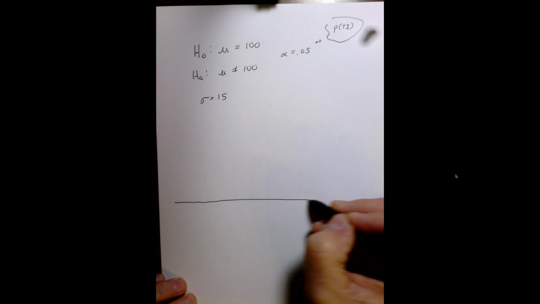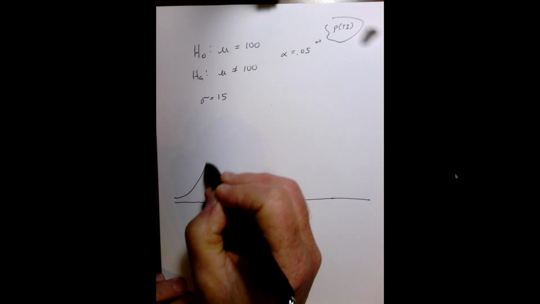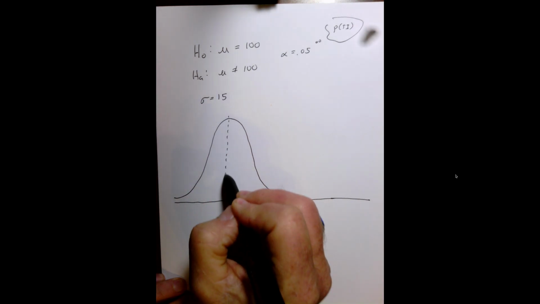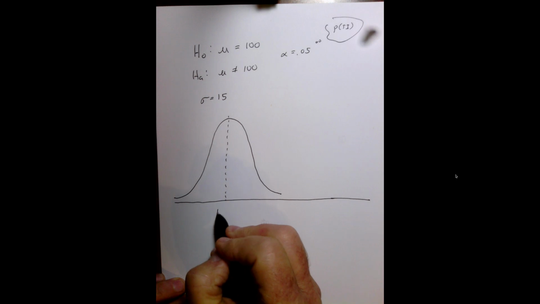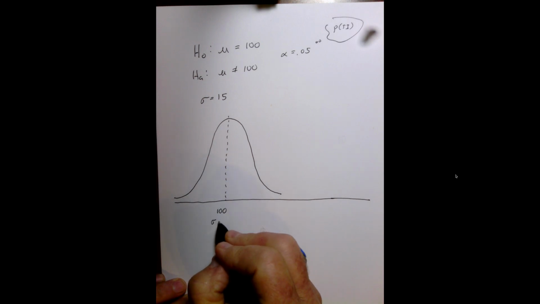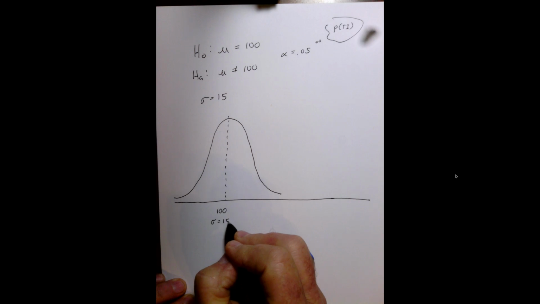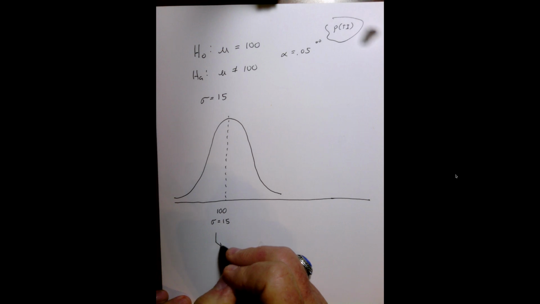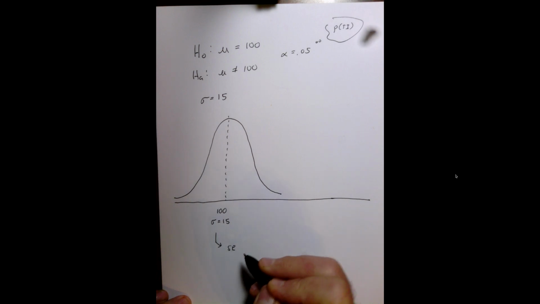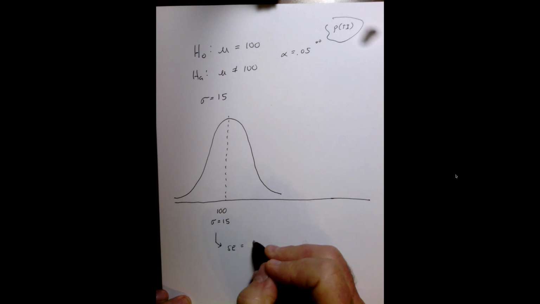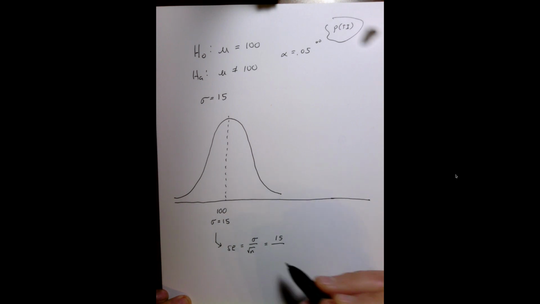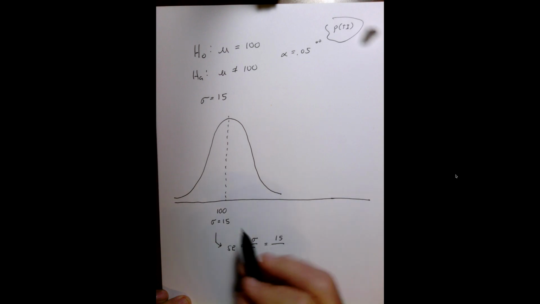So we know from the central limit theorem and sampling distributions that this distribution would be centered around the claim. The population standard deviation is equal to 15, telling me that the standard error of the sampling distribution will be equal to sigma over the square root of n. So this is going to be 15 over, and let's just say that our sample size is equal to 25.